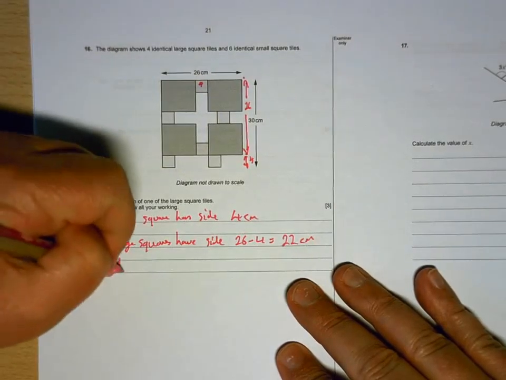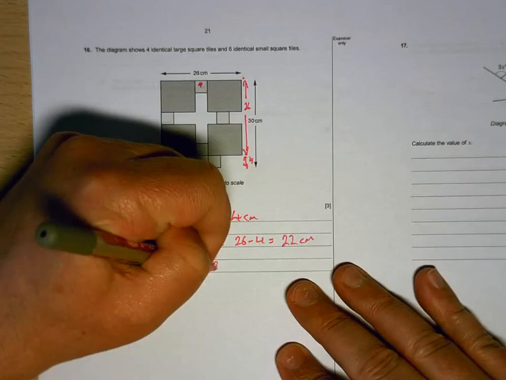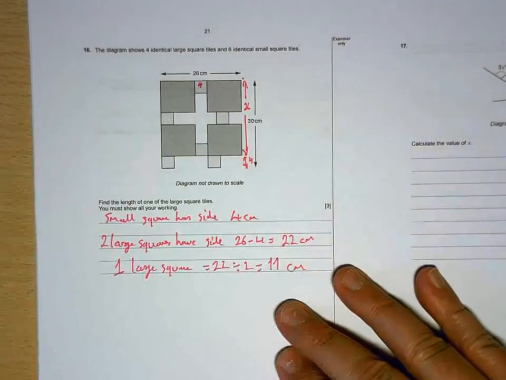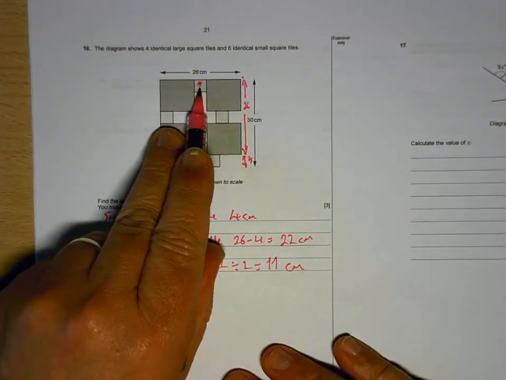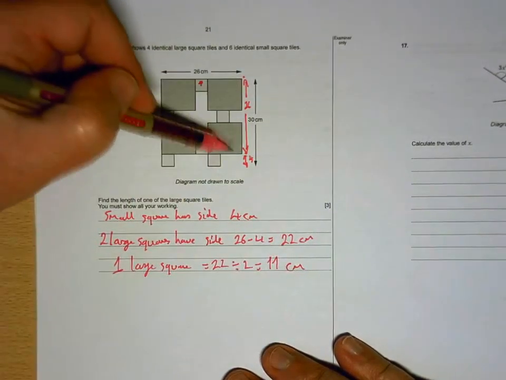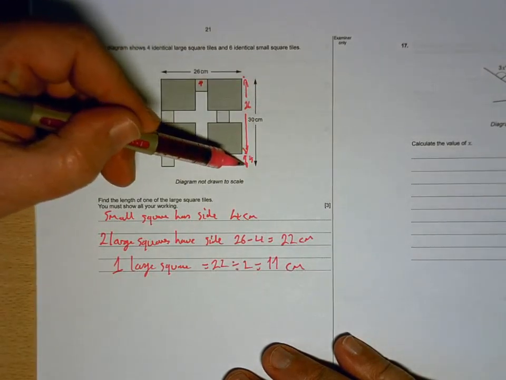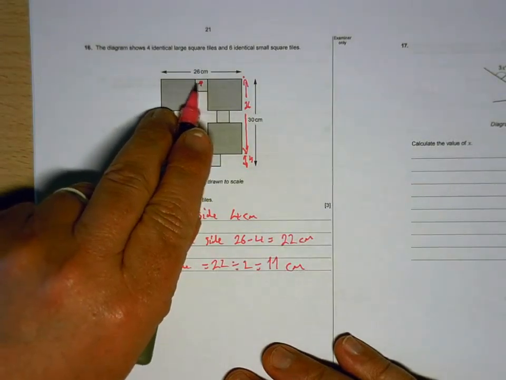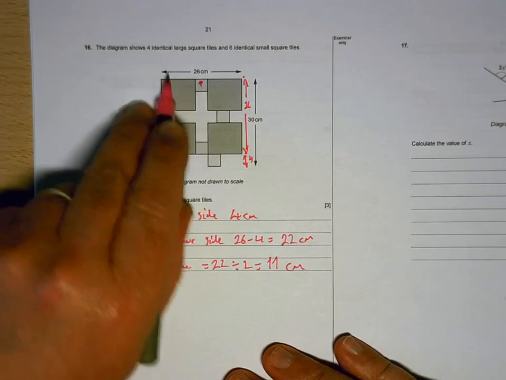So 1 large square will be 22 divided by 2, which is 11 centimeters. So 2 large and 1 small is 26. So that extra one to make 30 must be 4, which means that must be 4, which means that and that together must be 22, which means each of them must be 11.